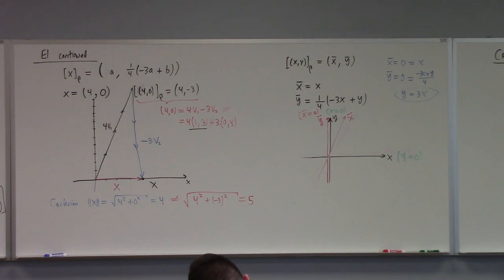Specifically, that's the beta coordinate matrix times the beta coordinate vector.